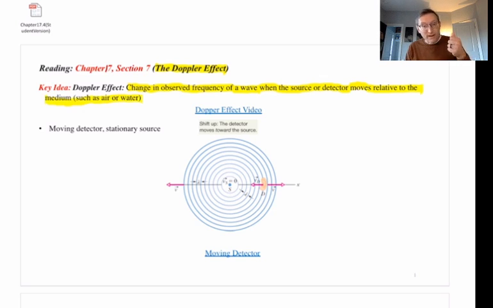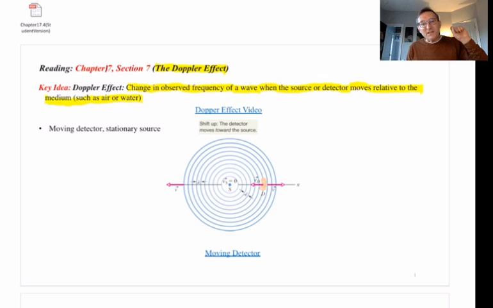A sound wave, because we're talking about sound waves here, has to have a source. Something has to create the sound wave. And as far as the Doppler effect is concerned, also a detector. Something has to detect, receive the sound wave. And here we're talking about the frequency of the sound wave.